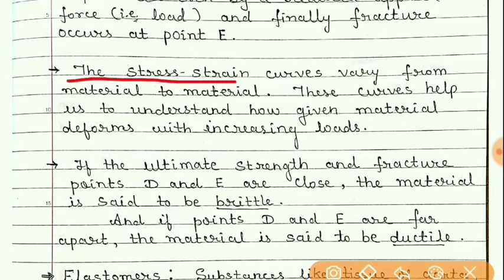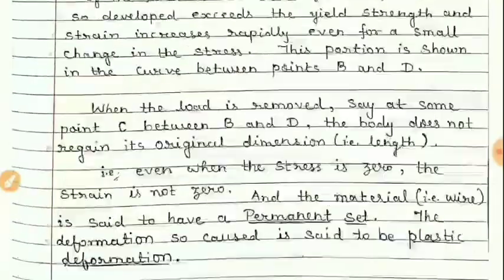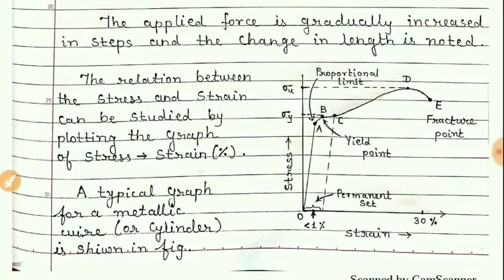Now, the stress strain curve varies from material to material. That means if we use a copper wire, then suppose this type of curve is obtained, which is here.